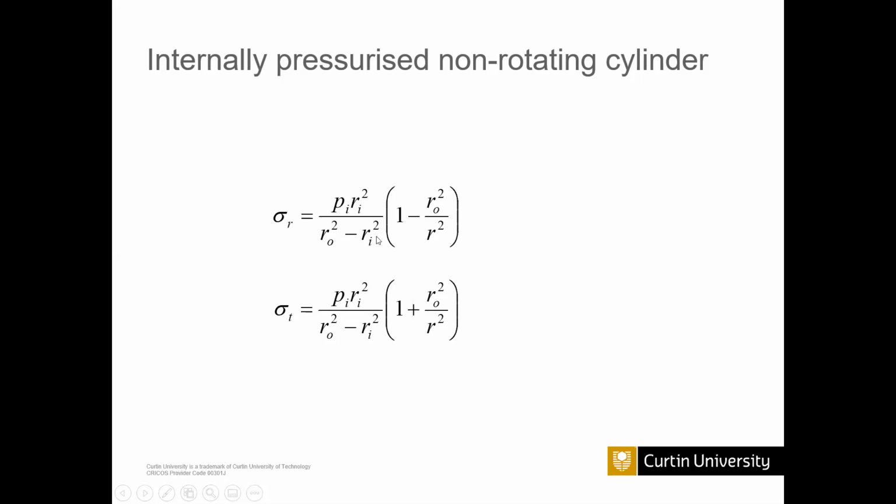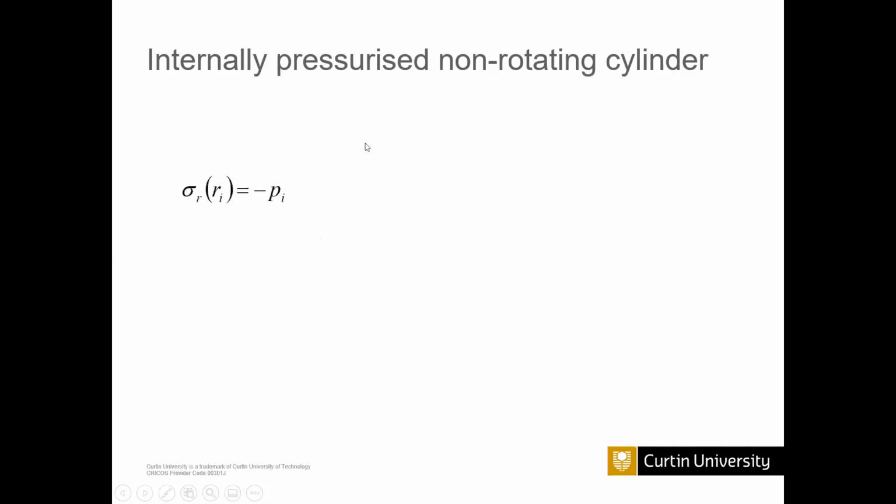At Ri, these terms are not eliminated, so this one also has a value. So the radial stress will be absent when R equals R naught. That is the meaning here.